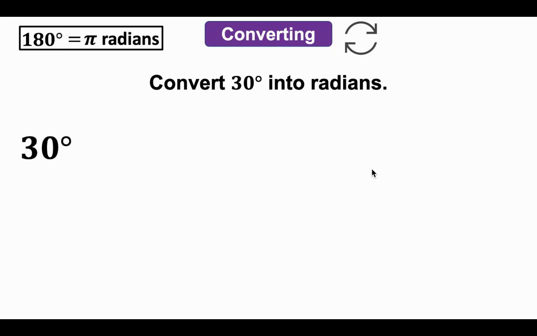So 30 degrees. Now, in order to convert back and forth, if you remember a previous chapter, I don't want to change the value of 30 degrees. The only way that I can make something look different without actually changing its value is by multiplying by a fancy 1, because 30 times 1 is still 30.